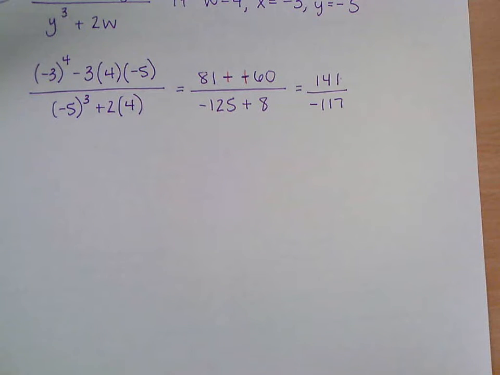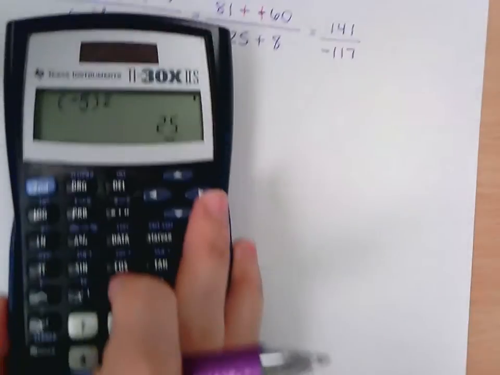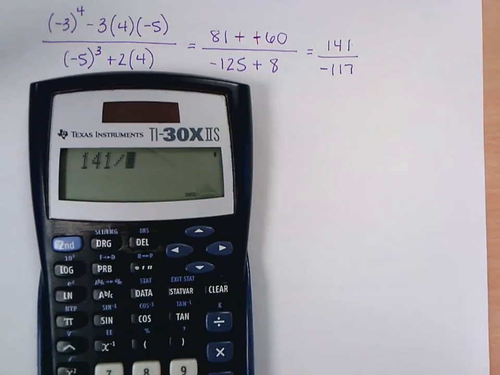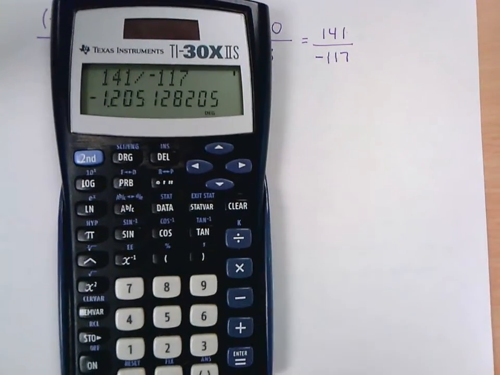You can sometimes change fractions to decimals. And here's where I am fine with you changing it to a decimal, and where I don't want you to. If I take 141 and divide it by negative 117, I get a repeating decimal. Fractions are always either repeating decimals or decimals that terminate, like 1/2 is 0.5.